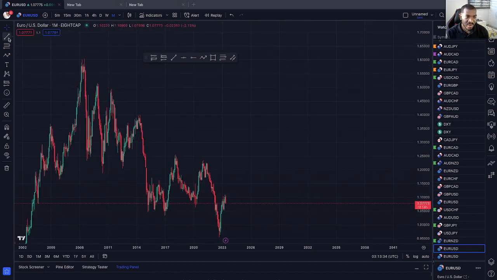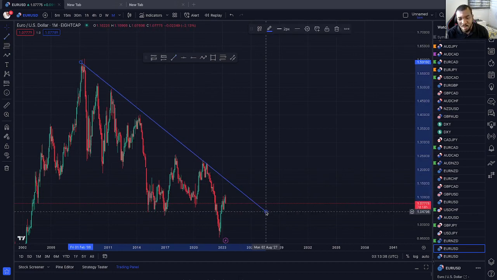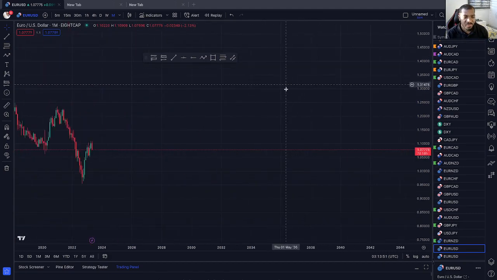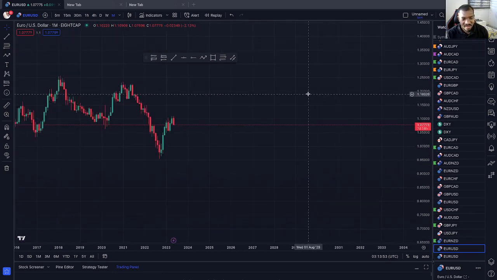Clearly we could see that price was on a downtrend for a very long time, since 2005, but we're not necessarily interested in what has been happening since then, because that's a long time to wait for price. So we check the recent prices and understand what really happened here.